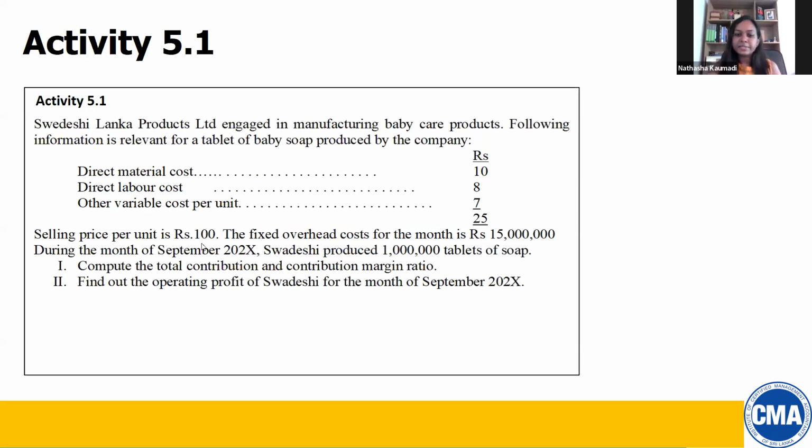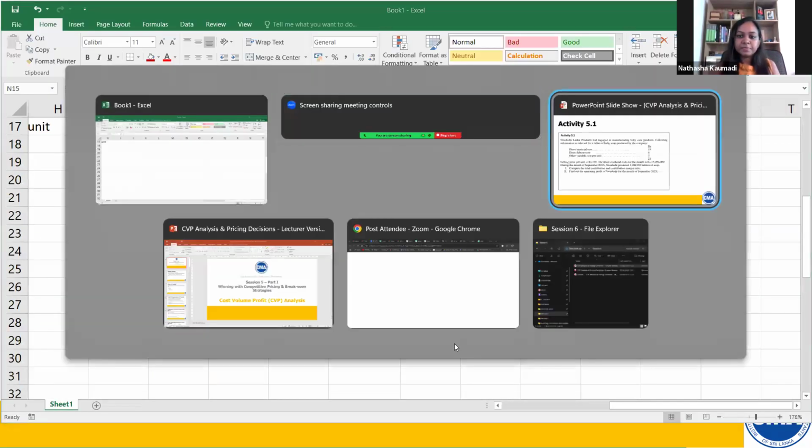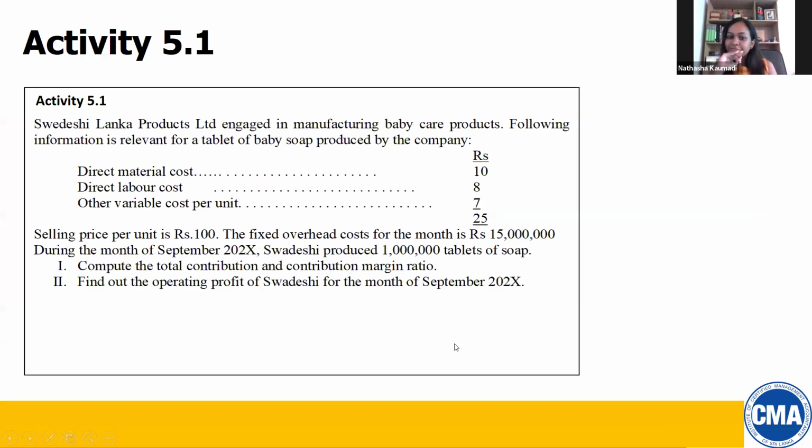Okay, no need to read the rest. Can you tell me the contribution per unit? If your selling price is 100 and your variable cost per unit is 25, your contribution per unit would be 75 rupees. Correct.